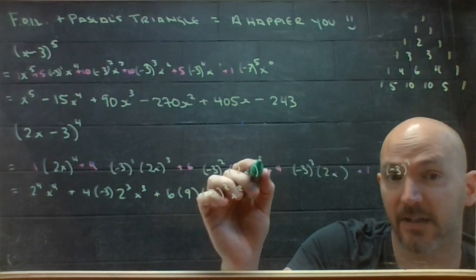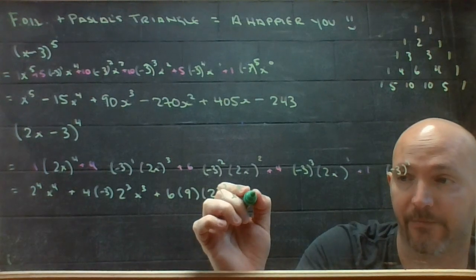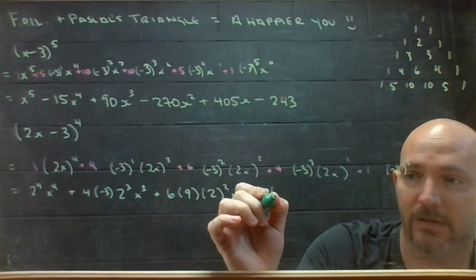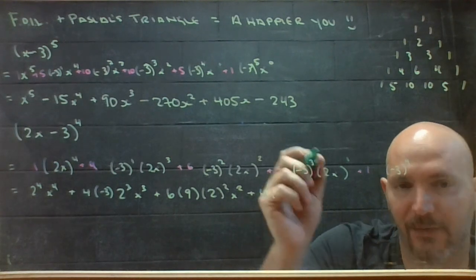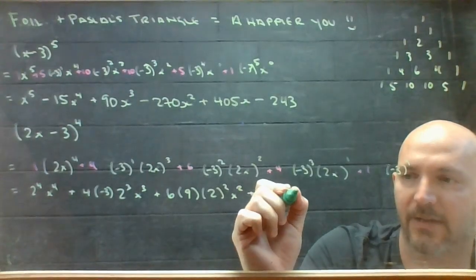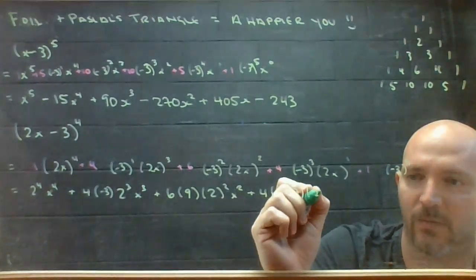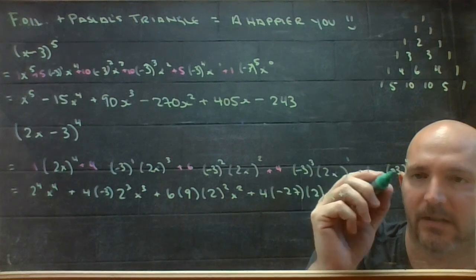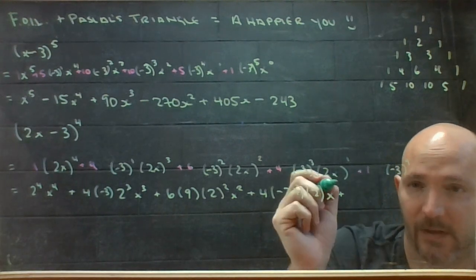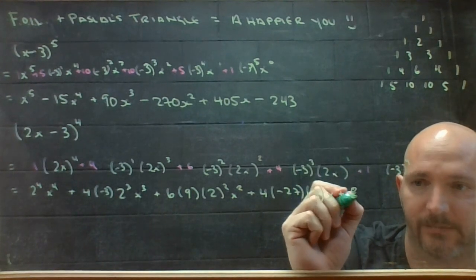I'm just applying the exponent laws to these brackets here. And 4 times negative 3 cubed is negative 27. I have 2 to the 1 and an x. And back here, negative 3 to the power 4 is 81.